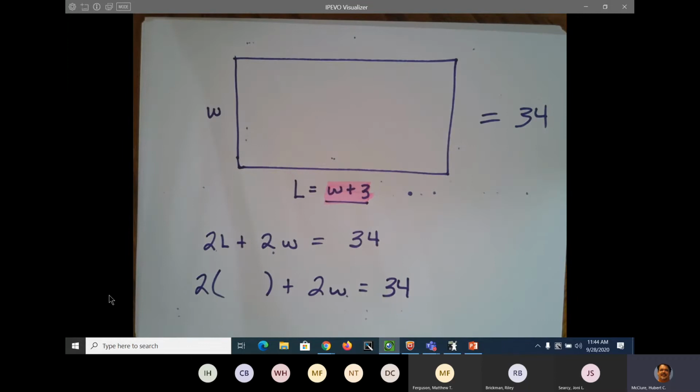Since I colored that pink, I'm going to write it in pink: W plus 3. All right, finish it. All of you should be able to finish that because we did all this in 6.1. Take a minute. Finish it out.